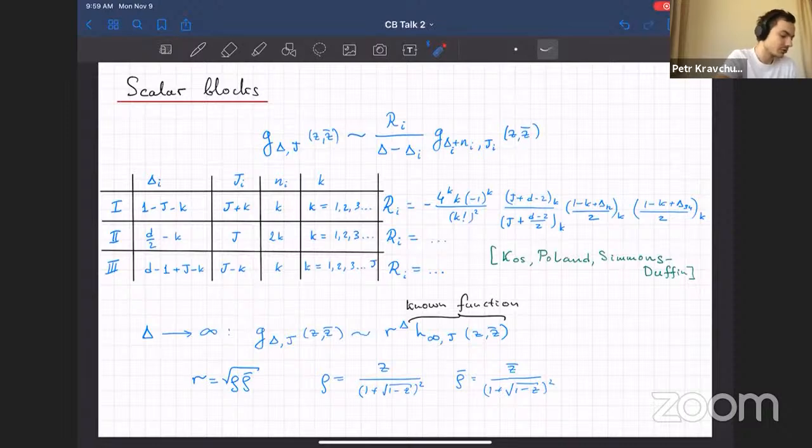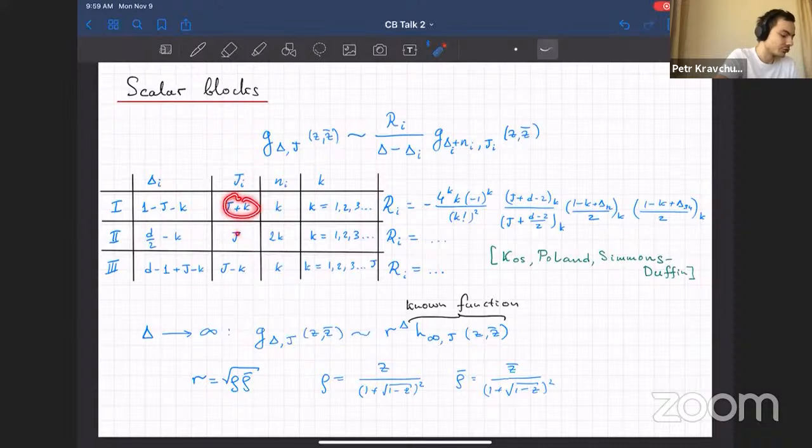Within each family, the poles are labeled by an integer k, which goes from 1 to infinity in two families, and it goes from 1 to j in the third family. These coefficients n i are just k or 2k, which is the order of the differential operator d that we discussed, so it's k in two cases and 2k in the other.